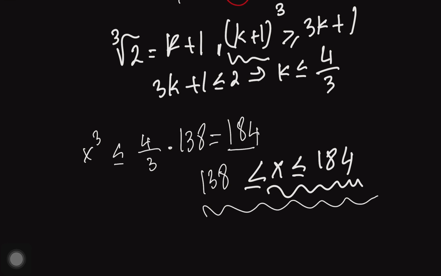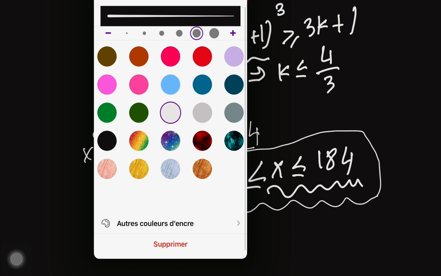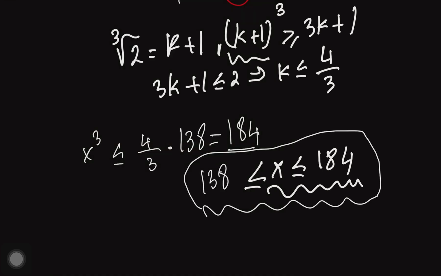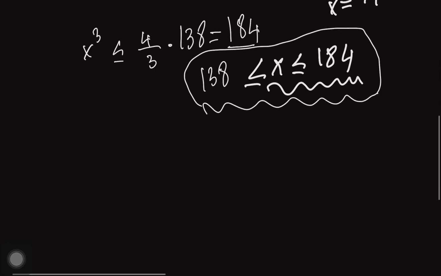So now we've made that interval pretty small, and we're going to combine it with the condition that x is congruent to 7 mod 55.